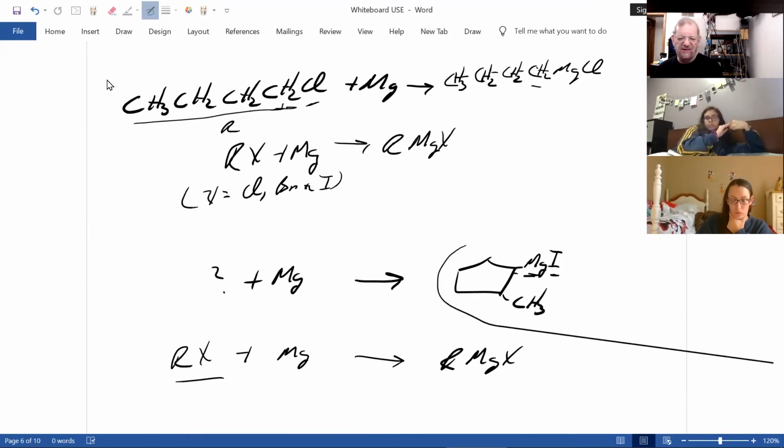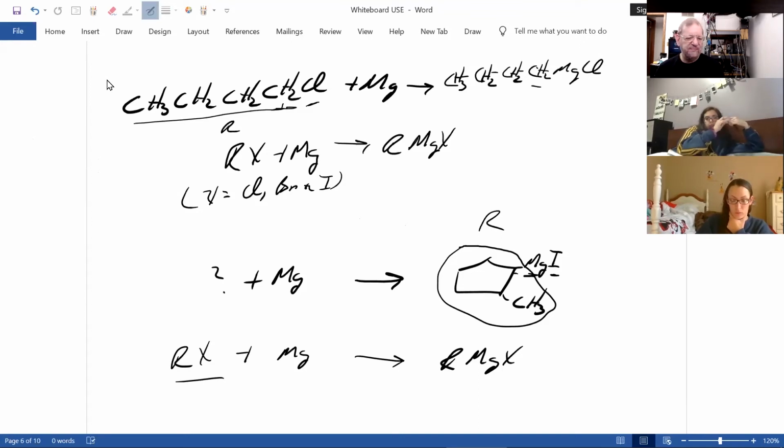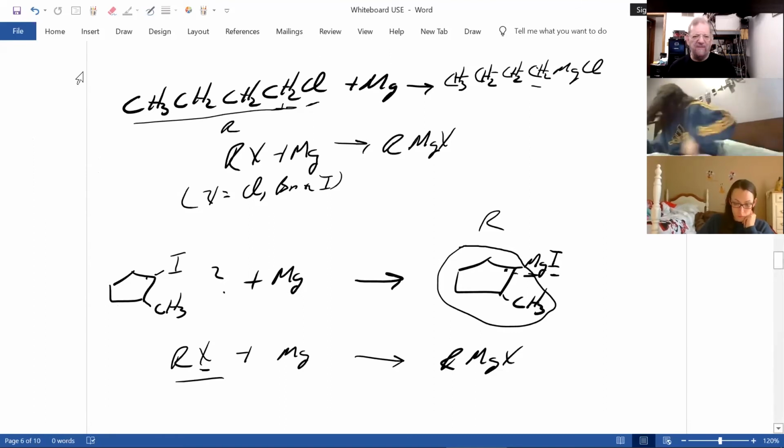And for this molecule, that's my R group. And the carbon with the Grignard, this one right here, will be the carbon with the halogen, in this case it's iodine. And that's how you make a Grignard, and they're really fun to do.